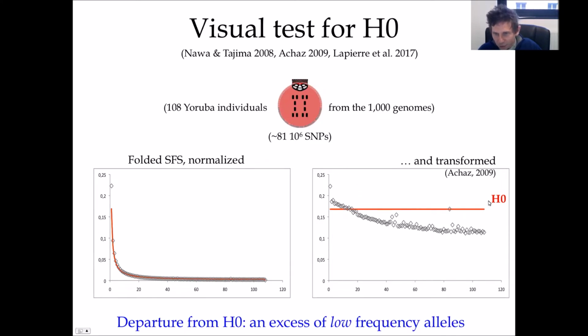Using that transformed version, you immediately see that there is an excess of low frequency variants. That means the variants with low frequency are overrepresented, and the variants with a medium frequency, say around 0.5, are underrepresented. So you have to explain that the standard neutral model is not predicting enough rare variants.